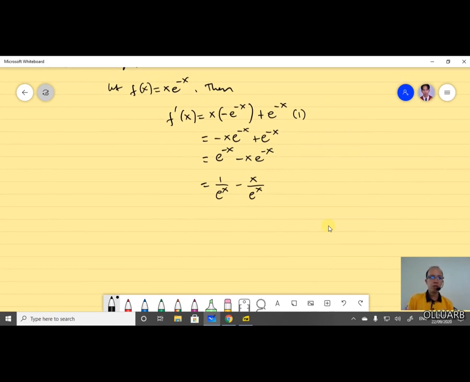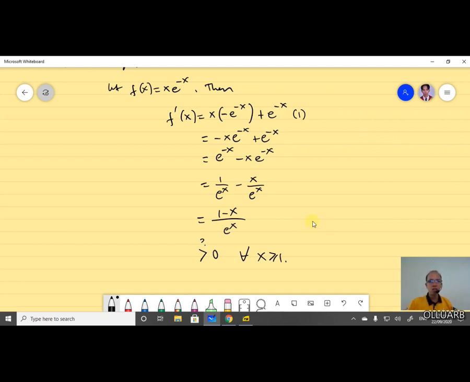Since we have a negative exponent, get the LCD: 1 minus x over e to the x. Is this greater than or equal to 0 for all x greater than or equal to 1?